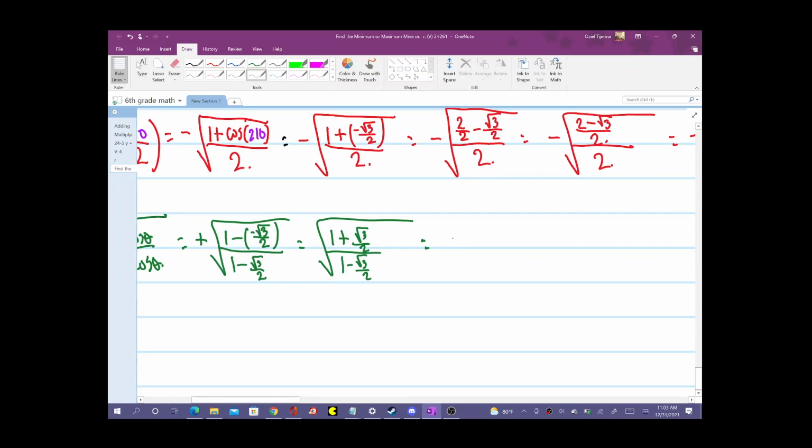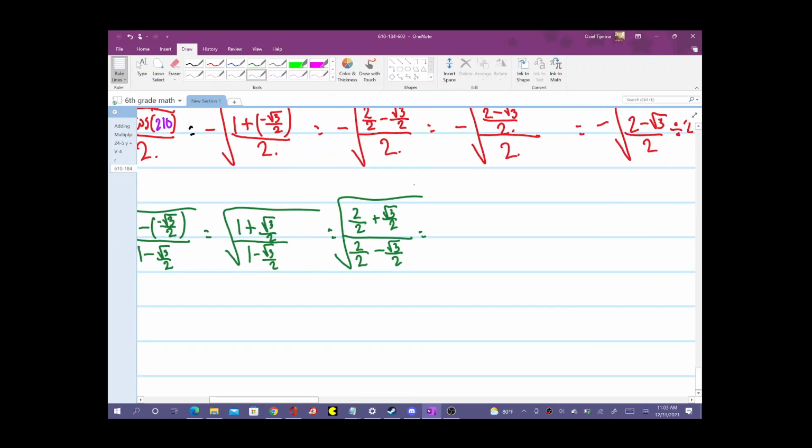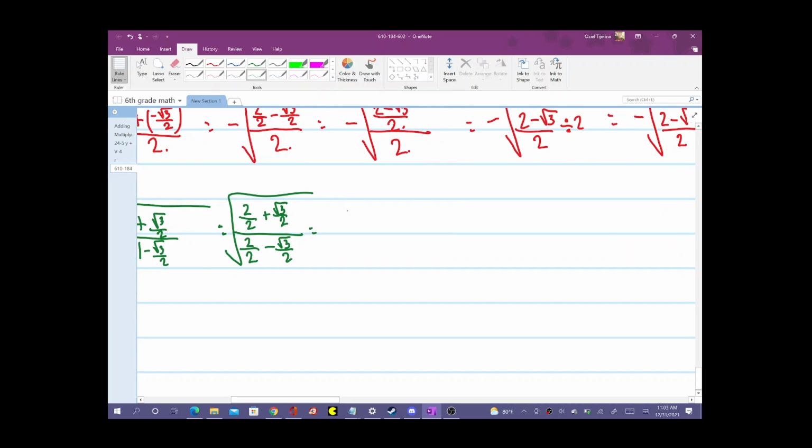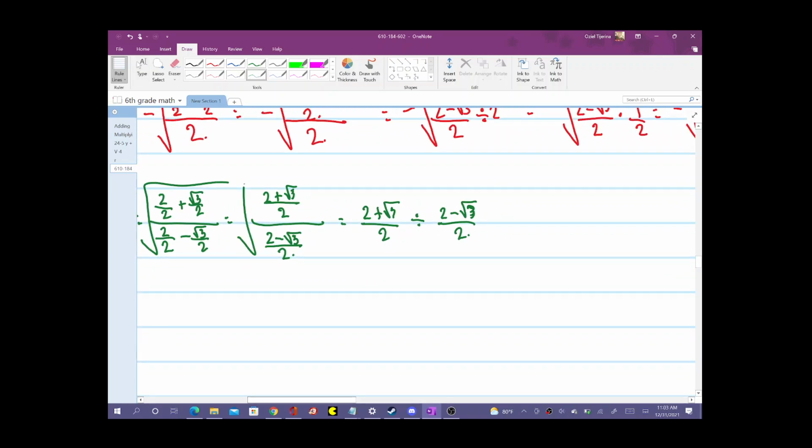This then becomes equal to 2 over 2 plus square root of 3 over 2 over 2 over 2 minus the square root of 3 over 2. This is all square rooted. So then this becomes 2 plus the square root of 3 all over 2 over 2 minus square root of 3 all over 2, and it's square rooted.